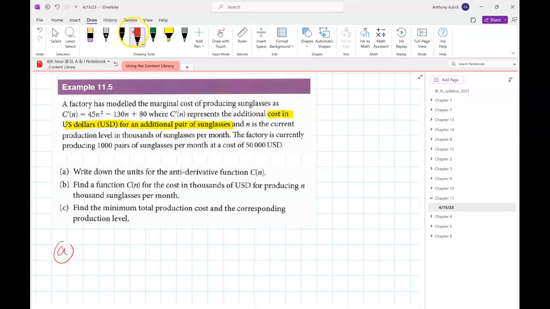Everybody okay with that? Oops, they used n here, not x. But what is our n measured in?